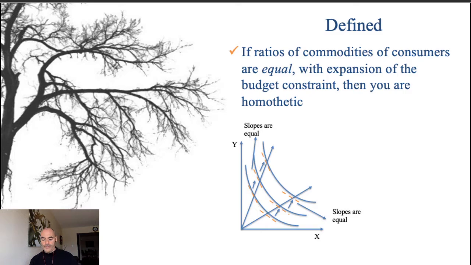So let me start with the challenge here. According to economic theory, the further you move away from the point of origin, the better you're off. And that means the further you move to the direction of northeast, the better you're off.